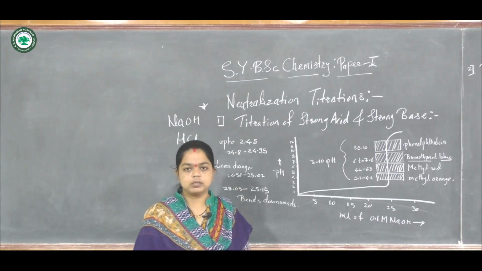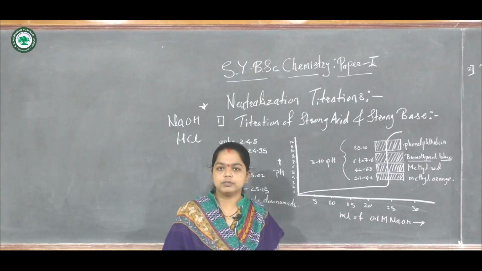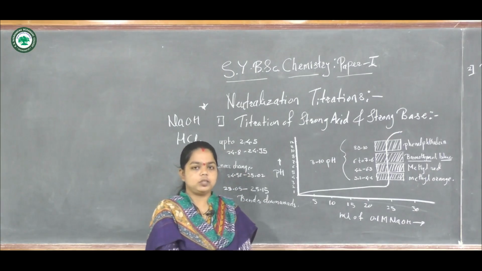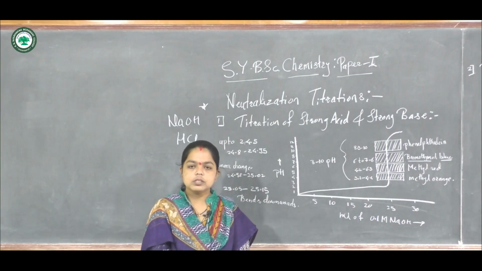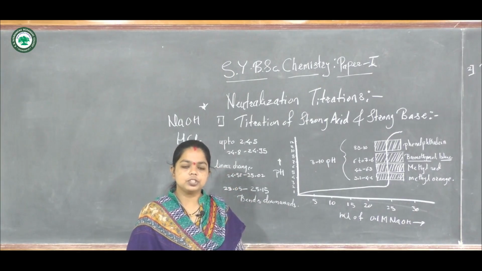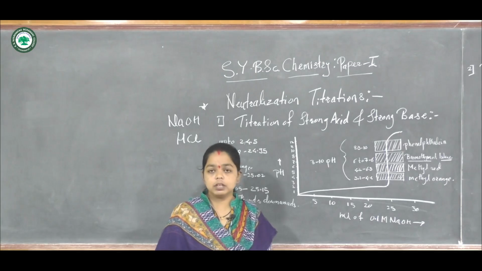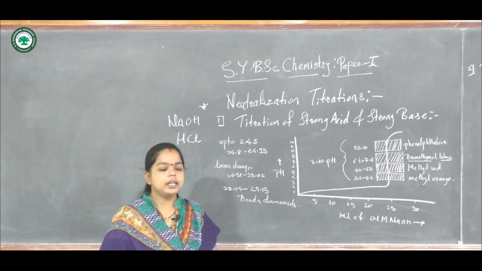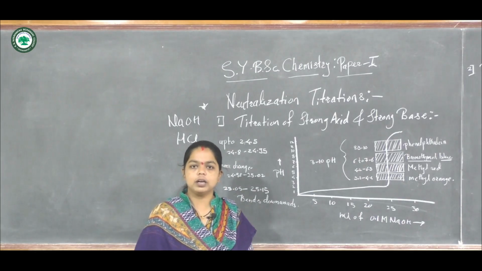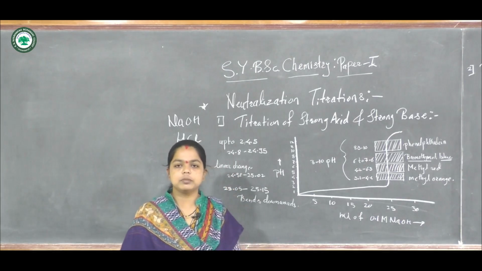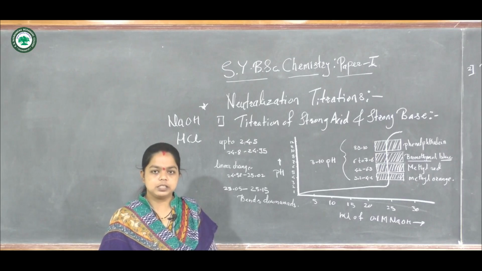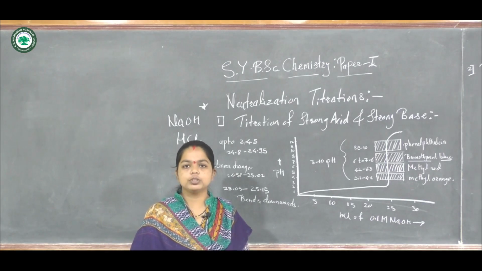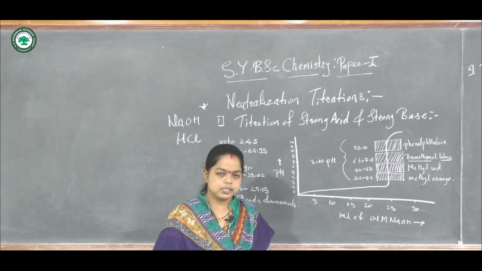So the burette is filled with 0.1 molar NaOH, and in the conical flask nearly 10 ml of approximately 0.1 molar HCl is taken, whose concentration is to be determined.